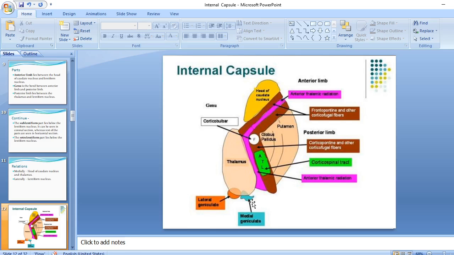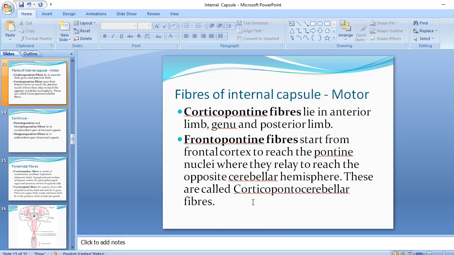So to summarize, you can see the corticopontine fibers lie in the anterior limb, genu, and posterior limb. The frontopontine fibers start from the frontal cortex to reach the pontine nuclei in the pons, and here these fibers are relayed to reach the opposite cerebral hemisphere.